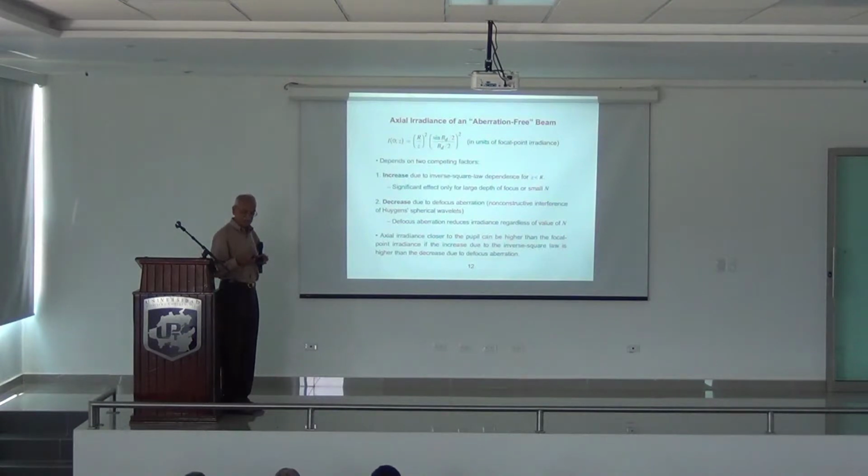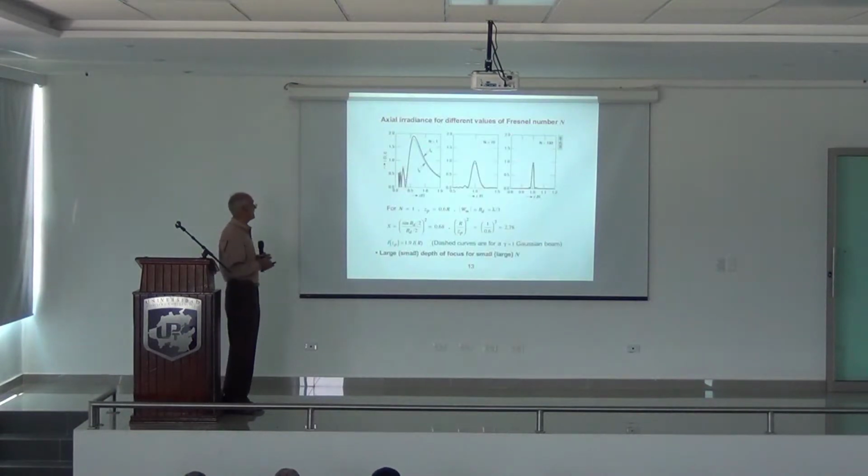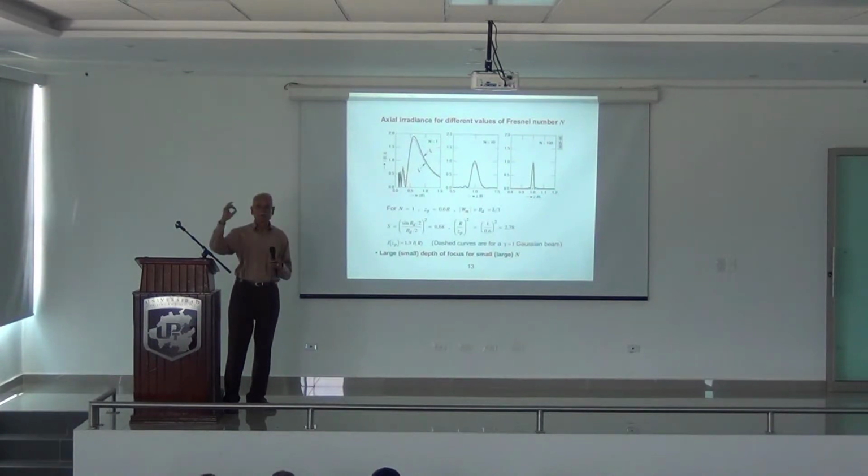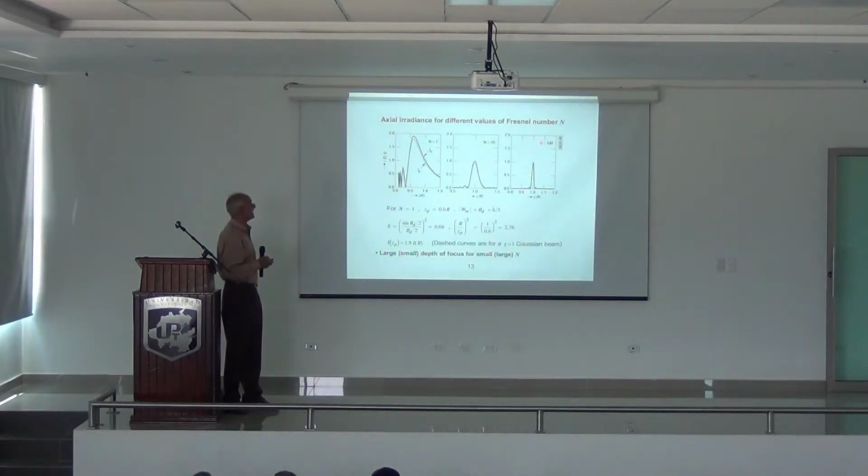Next, I show some results. For different values of N, the Fresnel number 1, 10, 100, I show the axial irradiance. One more time, axial irradiance meaning you have a beam that is focused and along the axis you walk with a detector and keep measuring the irradiance on the axis. When N is large, and 100 is not very large, but it's large enough, this is the axial irradiance.